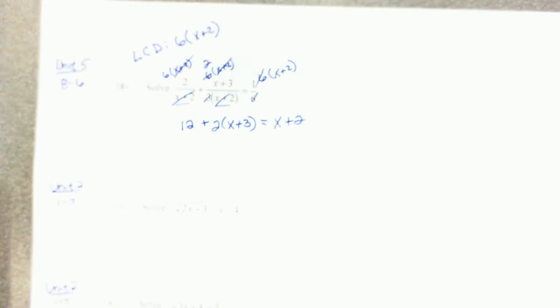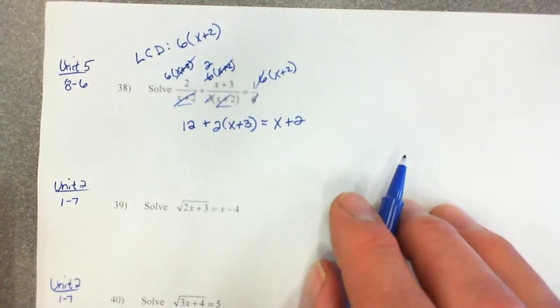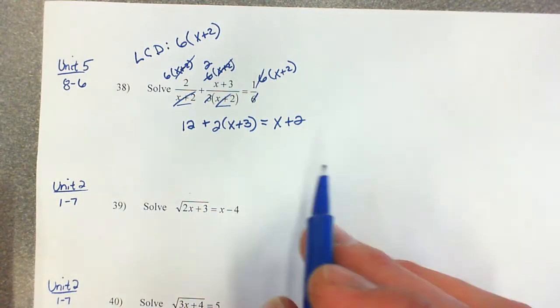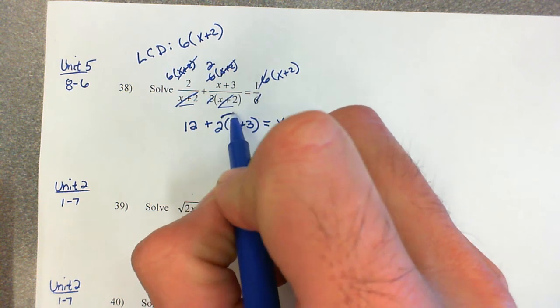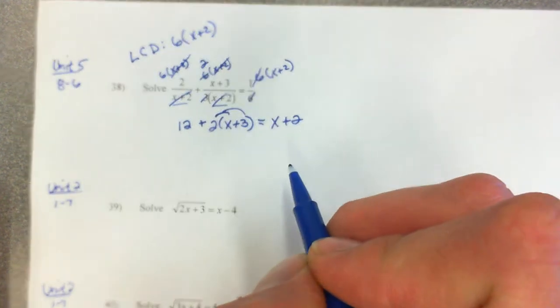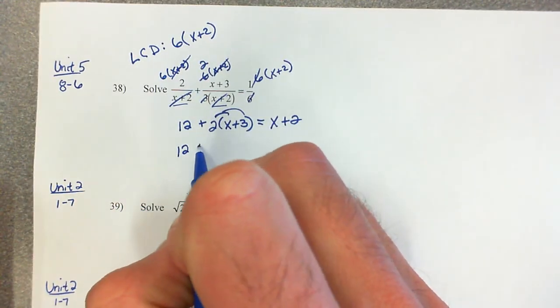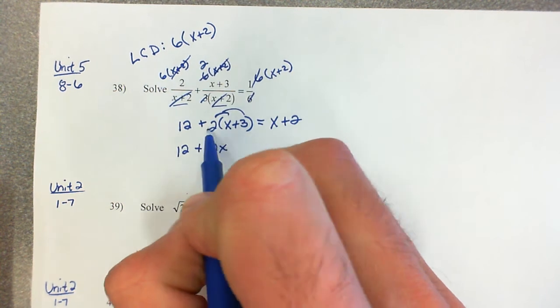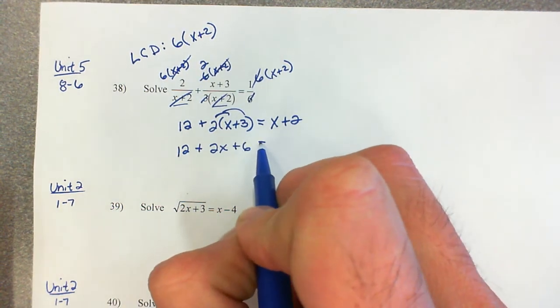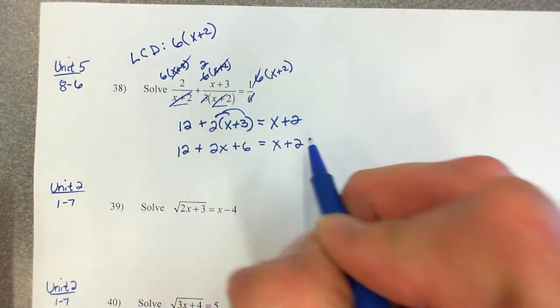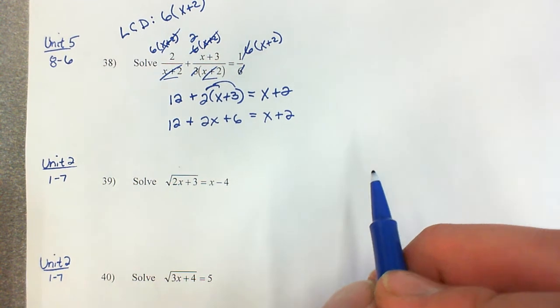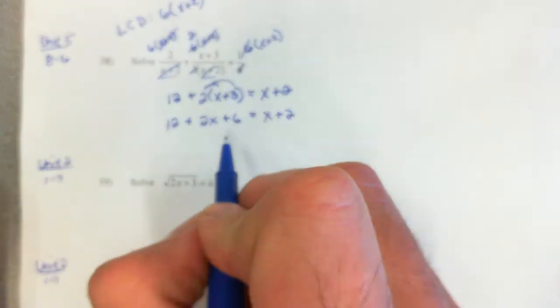Okay, so now we have no fractions left, so now we can just do the algebra. Here we're going to have to distribute. And this is going to get you 12 plus 2x plus 6 equals x plus 2. Now we combine like terms on each side.